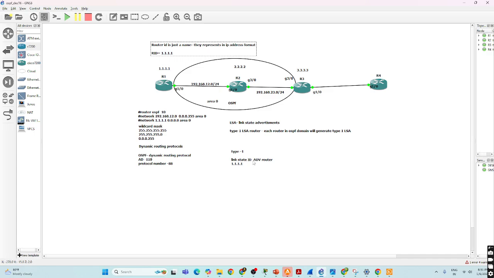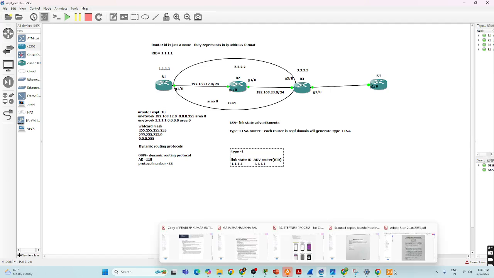Clear, bro. Okay. So in this type 1 LSA, 1.1.1 is a route. But what is the advertising router ID? Advertising router means router ID, the router generating this 1.1.1. So it means the R1 router ID, which is 1.1.1. That's what you see here.